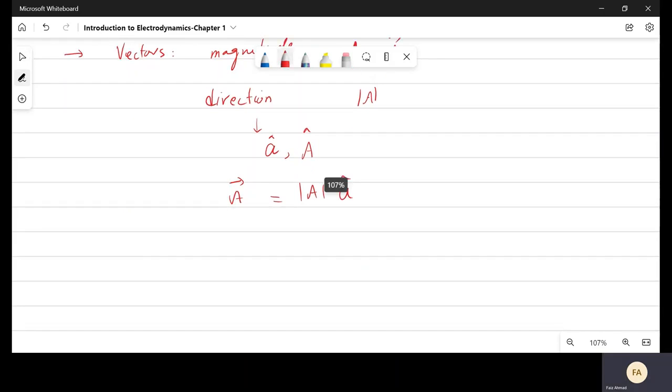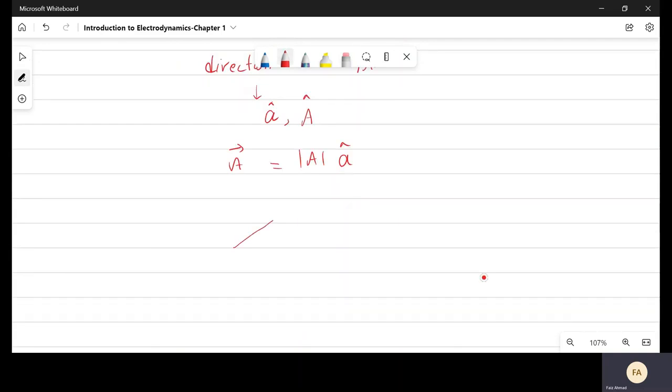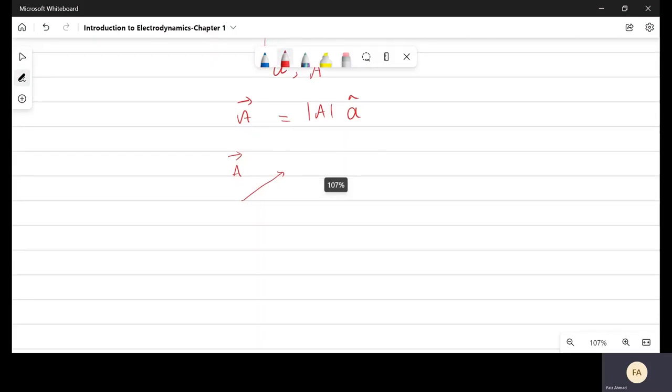So geometrically we can represent a vector with an arrow. So here we have a vector A. Similarly, we can do operations on the vectors, like we can add the vectors, we can subtract the vectors.